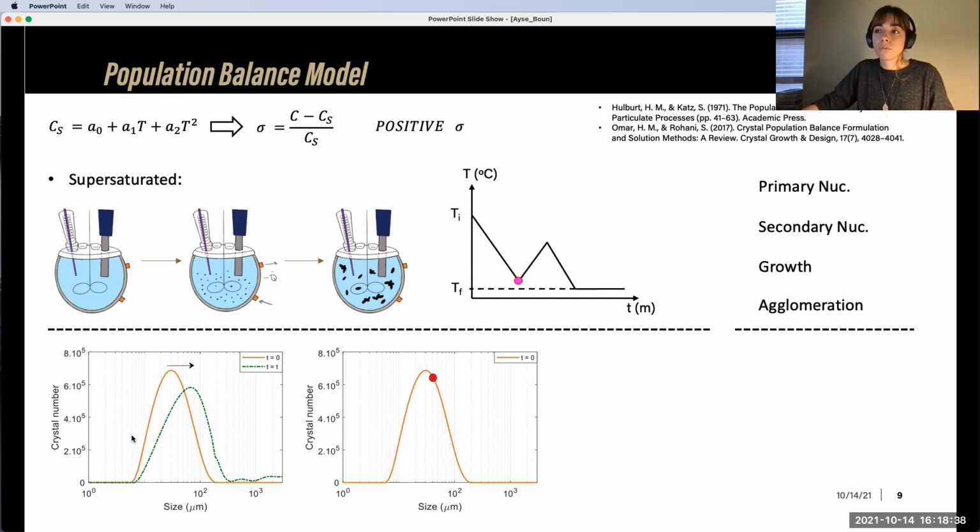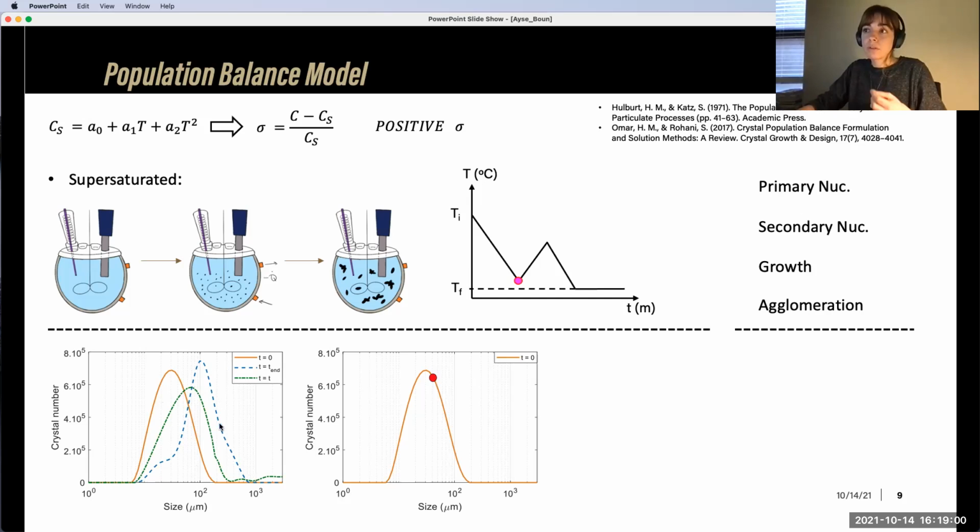I create smaller crystals, while already created ones are growing and sometimes agglomerating. So your crystal size distribution changes, and we care about it because that's how we quantify the population of the crystals.